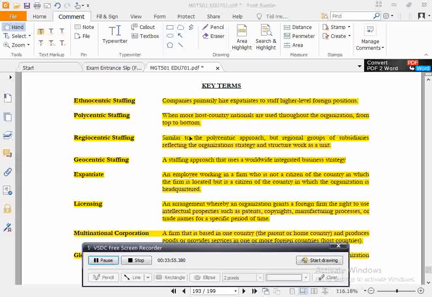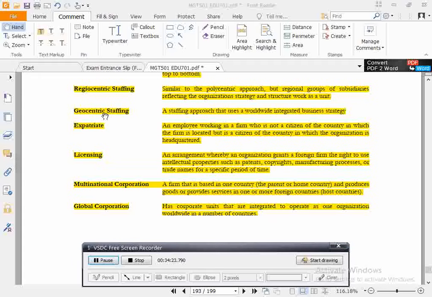Regiocentric staffing: similar to the polycentric approach, but regional groups of subsidiaries reflect the organization's strategy and structure.